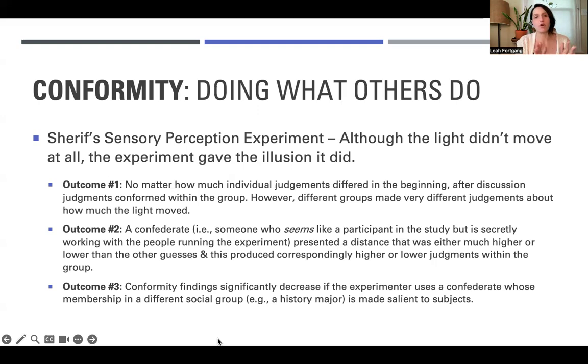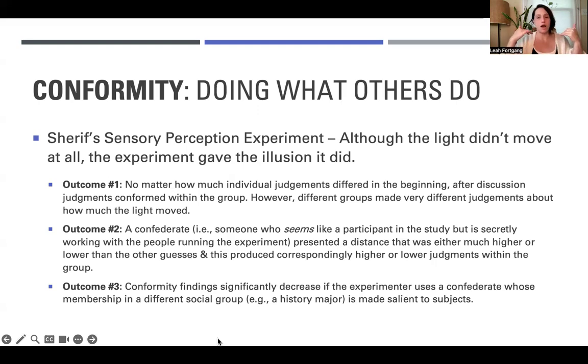belong to the same group, like you're all, for instance, psychology majors. Now, say Joseph, the fifth person in the group, who's also another participant in the study, he's actually a history major. So here they were marking out someone whose membership to a different social group is made salient.